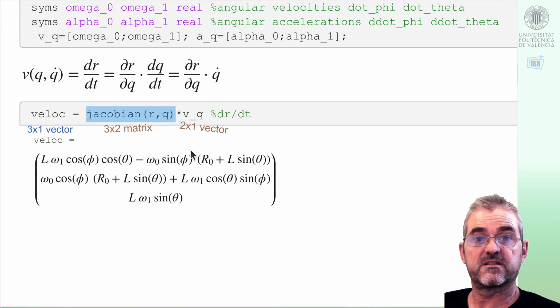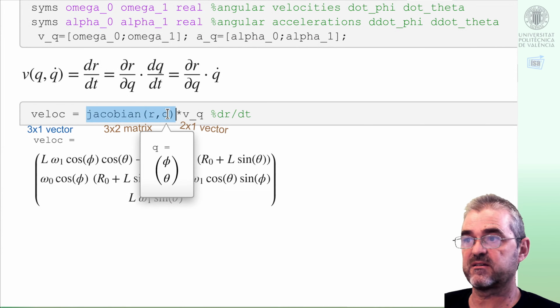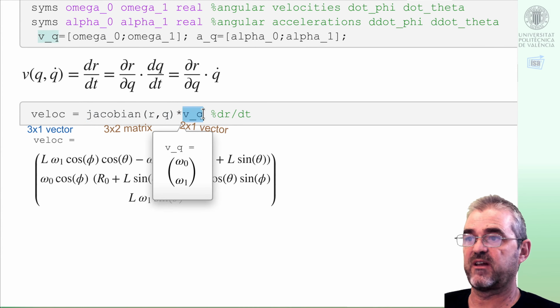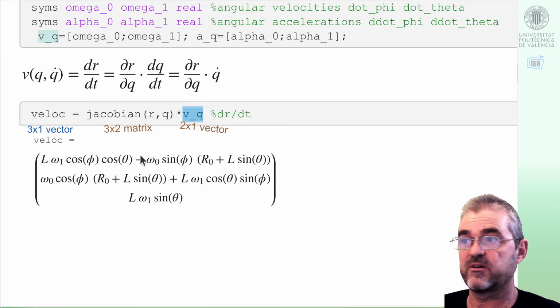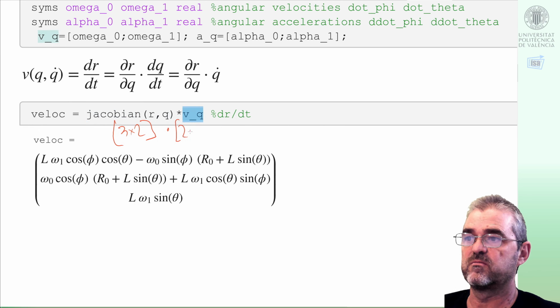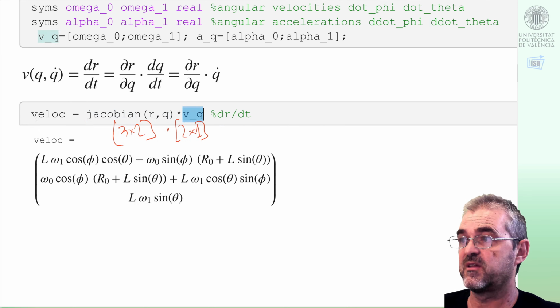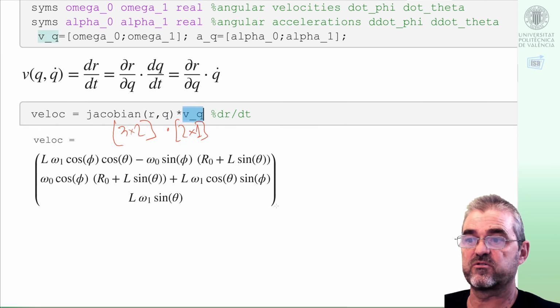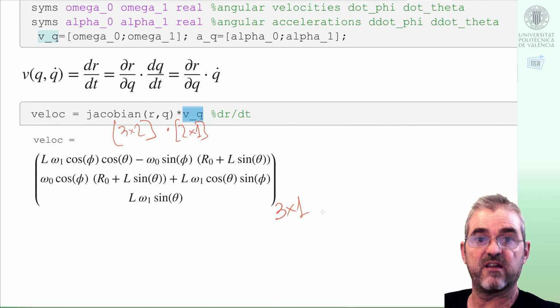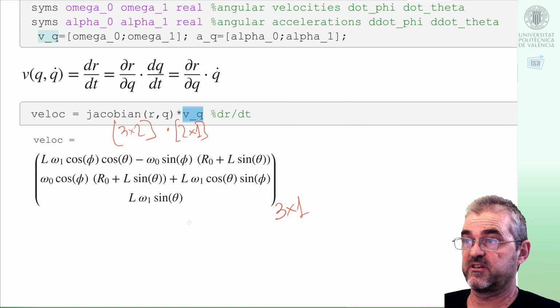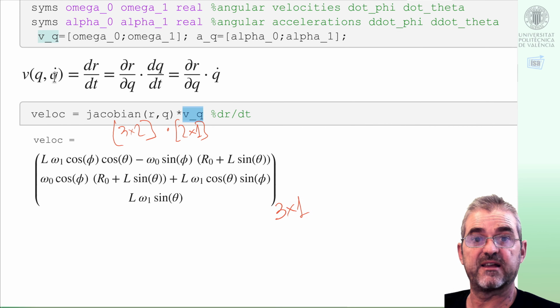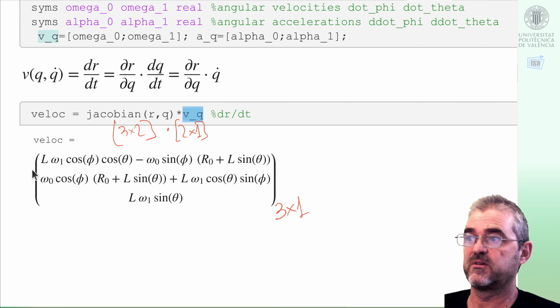So this takes the partial derivatives of the 3 position components with respect to the 2 angles, so this is a 3 times 2 matrix, and then if I multiply by the angular speeds, which is a 2 times 1 vector, then I get a velocity vector, which is of course of dimensions 3 times 1, everything agrees with what we expect. And then we have an expression in which angular positions and angular speeds of my coordinates defining motion do appear.